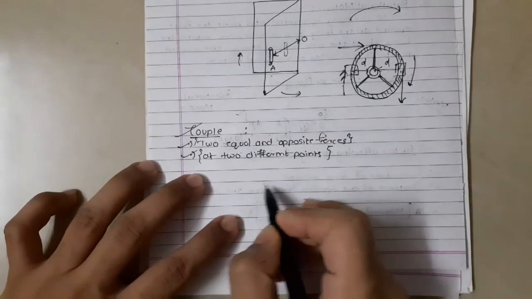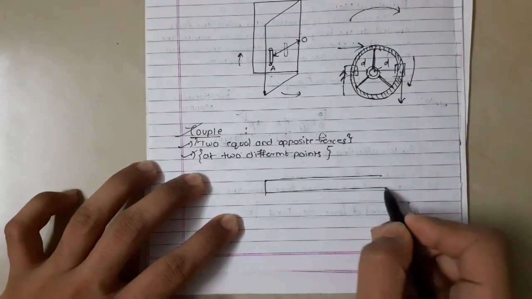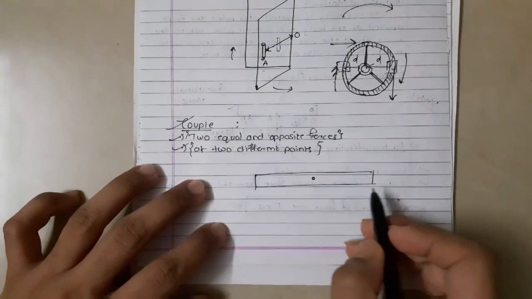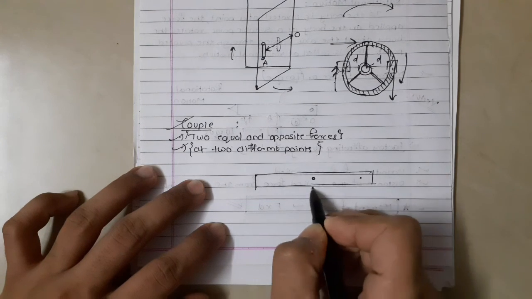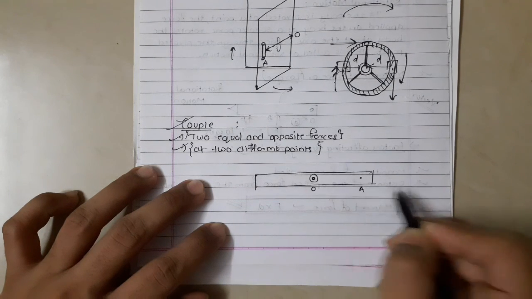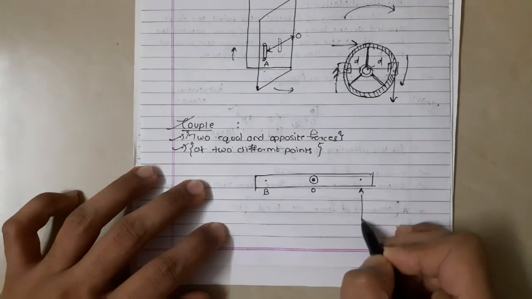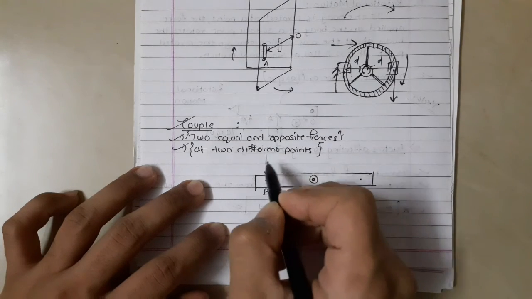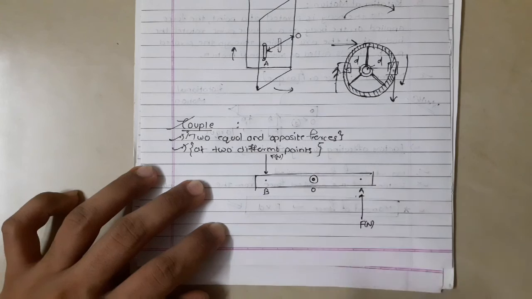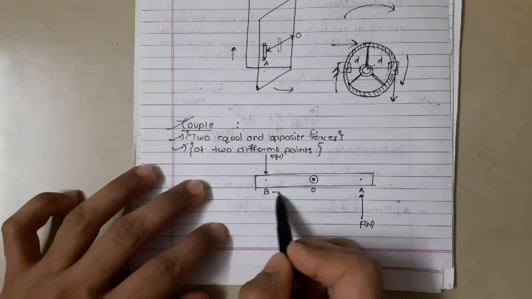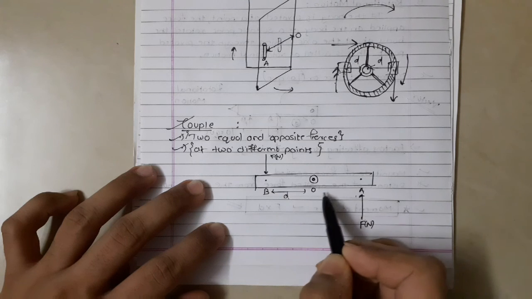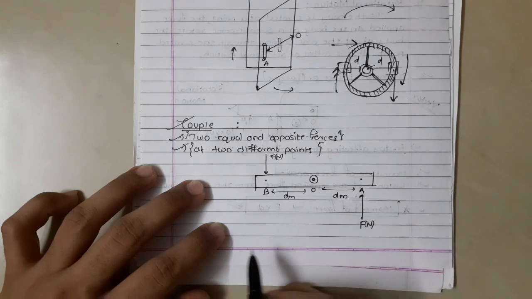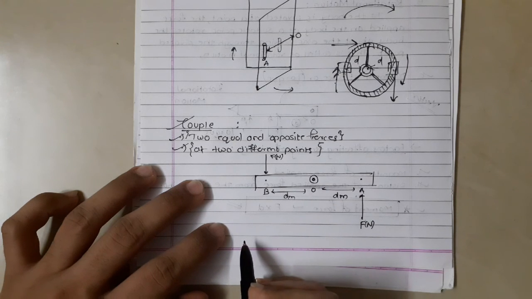Okay, let me draw the diagram so that we'll be able to understand and write and explain it in the exam very carefully. So if this is point O, the pivot point, and this is point A, and this is point B. If we apply F Newton force at point A, and F Newton force at point B, and the distance between OB is d meters, and the distance between OA is d meters, so what is the moment?